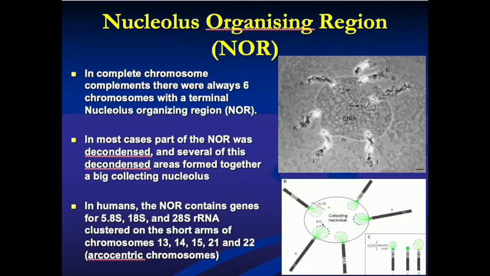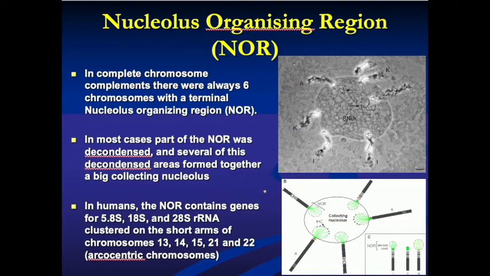So you see here, this part represents the chromosome, and at the terminal of this chromosome there's this NOR region, and these NOR regions are usually decondensed. Several of these decondensed areas will collectively form a big nucleolus.